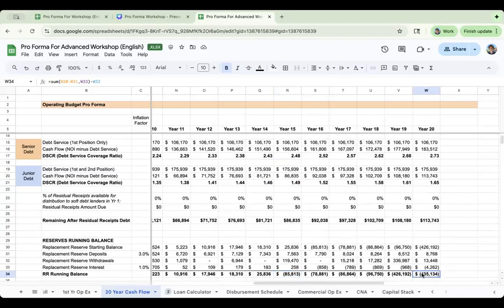So that's the other thing I always want to look at: maybe all these other numbers look good, but do we actually have enough replacement reserve for the full 20 years? And if not, is it possible to get the city to give us more soft debt to cover that? Or is it possible that we have more room for more hard debt and we can take that on because the building is doing so well with how it's currently estimated? So this is an extremely iterative process.